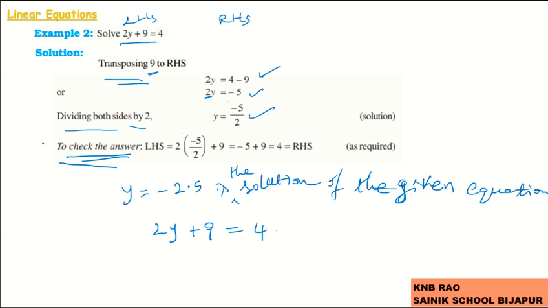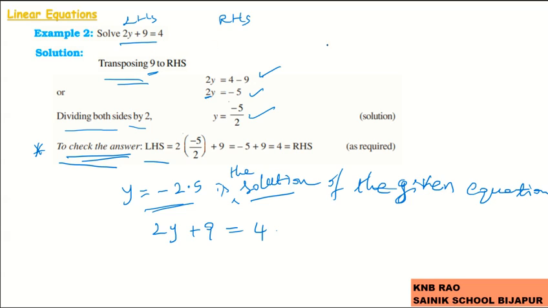So this step is also sometimes asked us to do in the given question: find the solution of the following equation and check the answer. So checking the answer, how to do that? Checking the answer, we will take either LHS or RHS and substitute the value of the variable found, which we call as solution.